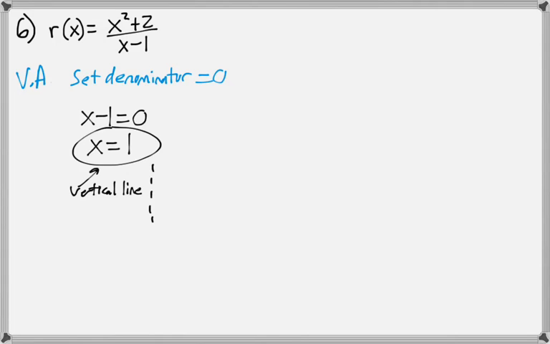Okay, so let's get the horizontal asymptote. To do that, you want to compare the degree of the numerator and the denominator. So the numerator has a higher degree.